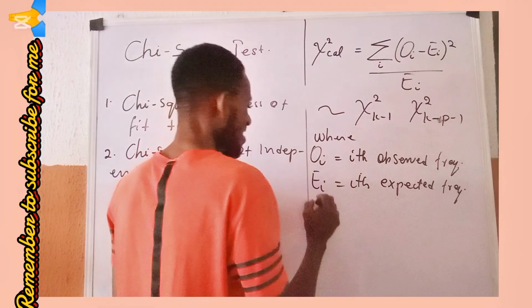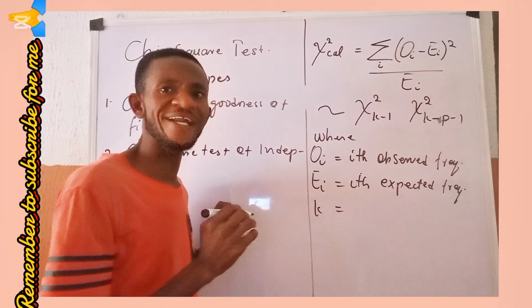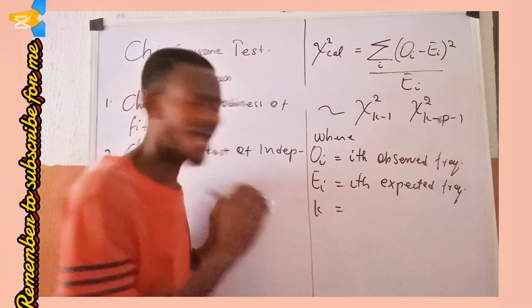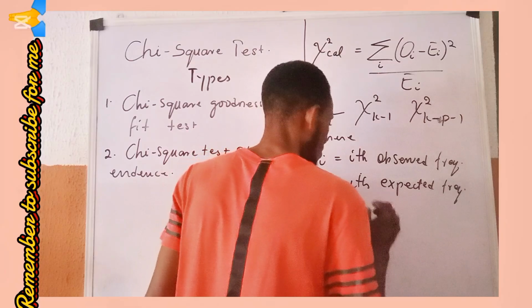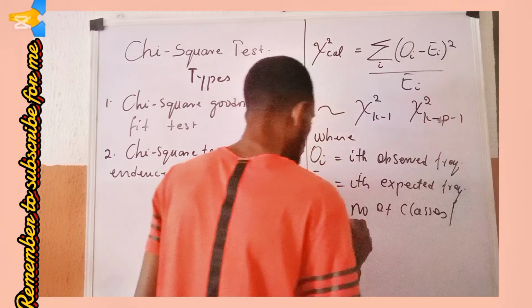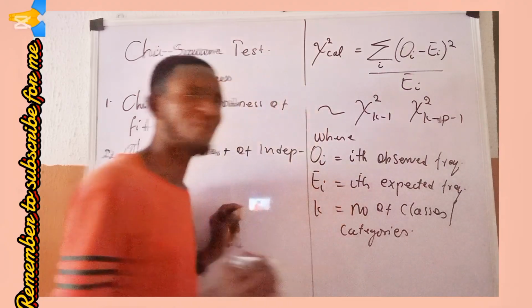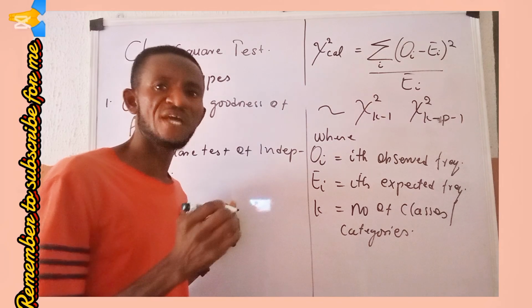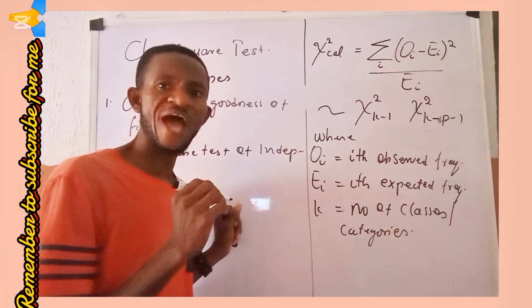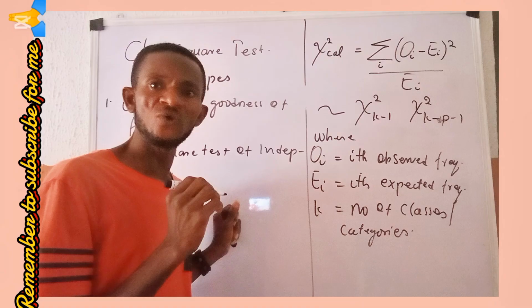Then our k here is the number of classes that our data set is arranged into, or the number of categories of the data set. So by implication, for us to talk about chi-square goodness of fit tests, we must first of all arrange our data set into categories or classes.